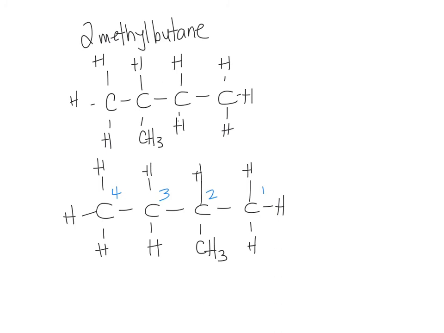So these are not structural isomers. Because I started counting from the other end, it is still 2-methylbutane. So you've got to double check which end gives you the smallest number combination. Because if I had done 1, 2, 3, 4, just left to right, I would have numbered this 3-methylbutane, which is incorrect. It does not exist. Got to go for the lower of the two numbers.